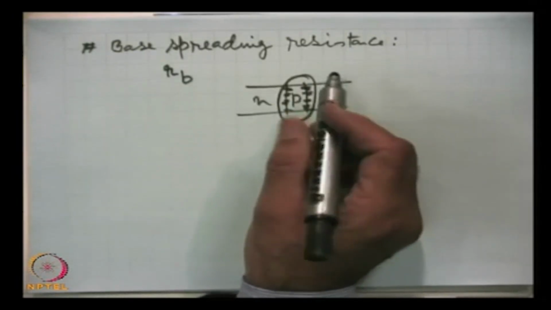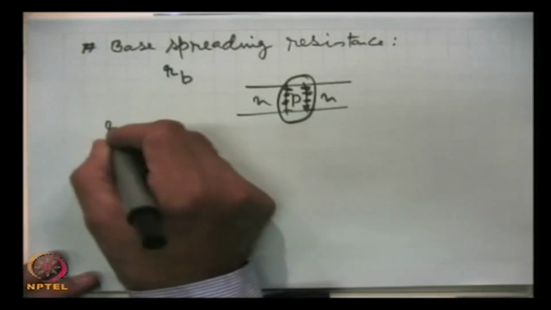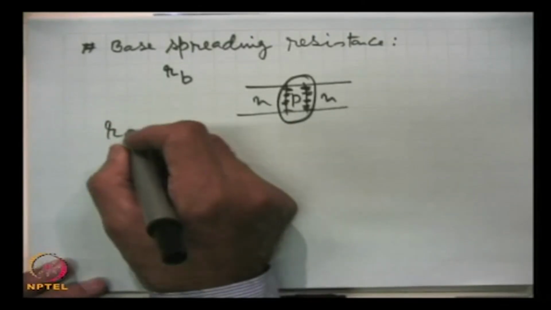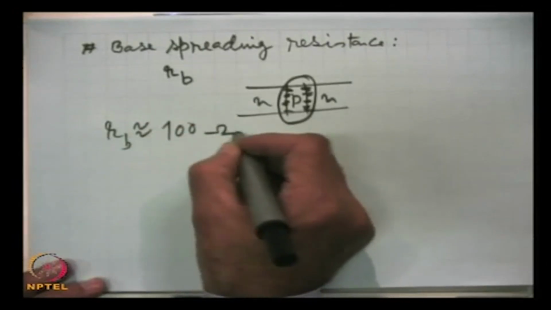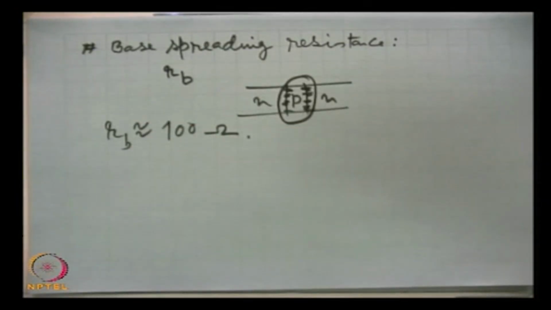The value of this base spreading resistance R B is of the order of 100 ohms. I hope you have understood what gives rise to base spreading resistance. It comes from several factors.